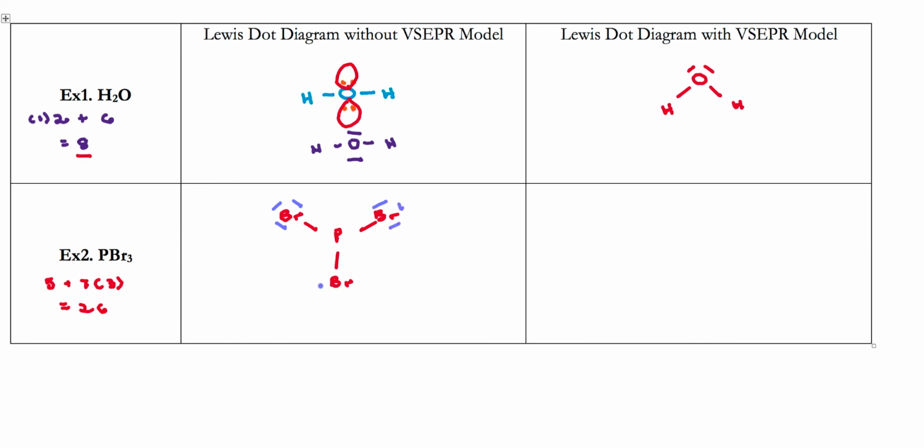This bromine has 2 already, so it's going to need 6 in order to get that perfect octet. Now my bromines are happy, and I need to make sure my phosphorus is happy as well. So I've got 2, 4, 6 electrons around my phosphorus right now, so I need 1 more lone pair of electrons to make sure it's content.